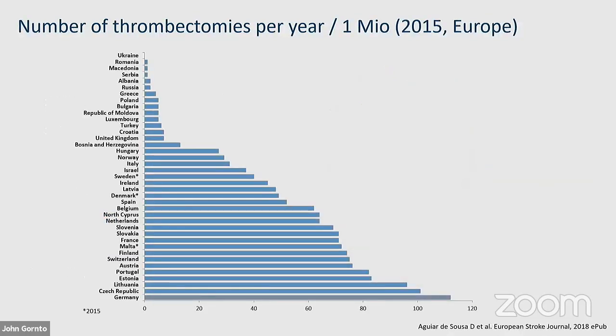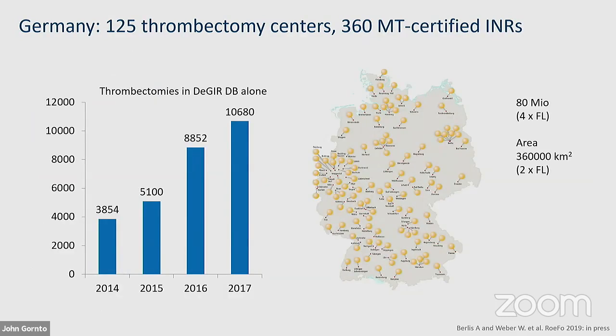If we talk about Europe, it has obviously a very big heterogeneity. That's the number of thrombectomies per 1 million inhabitants. This is from 2015. It's now historical data, and you see the huge discrepancies. Some of the countries are really in good shape, and one of them is Germany.